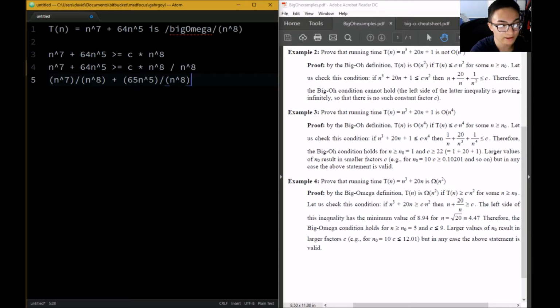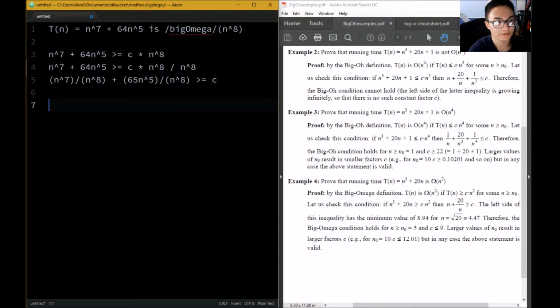Why can't I hit the caret today? That's weird. We would be left with 1 over n plus a constant, 64 over n to the 3rd, is greater than or equal to c.